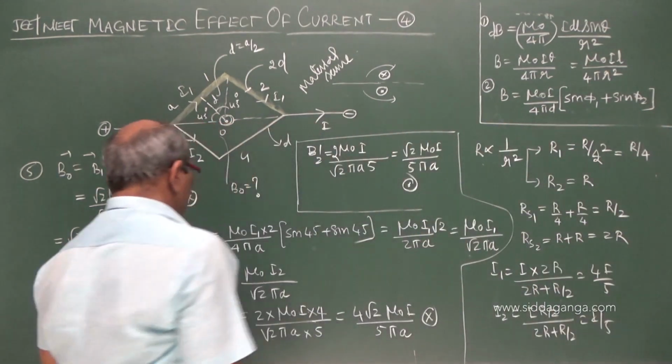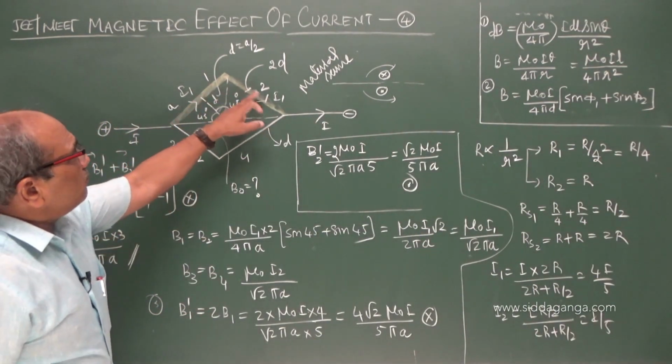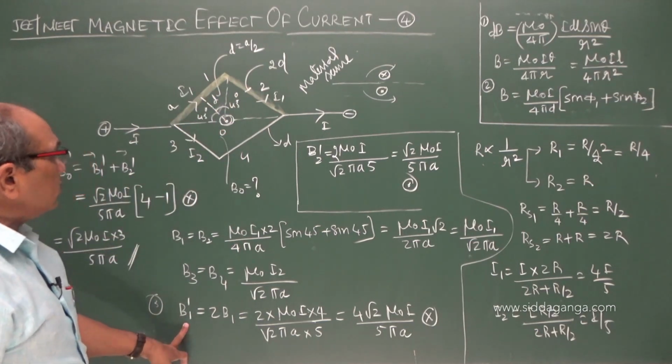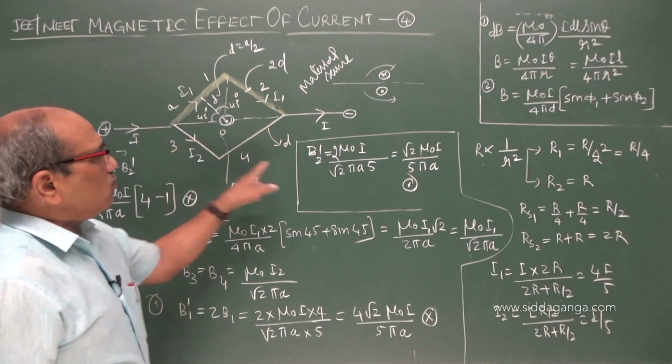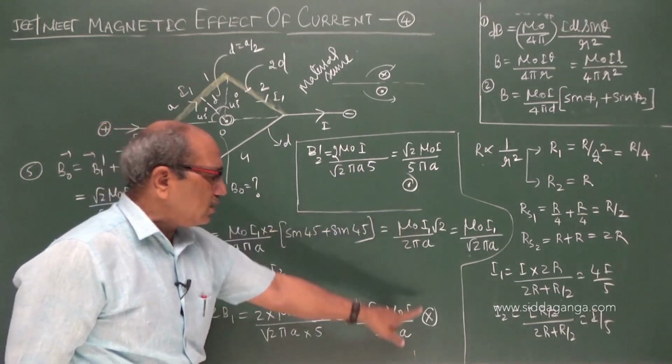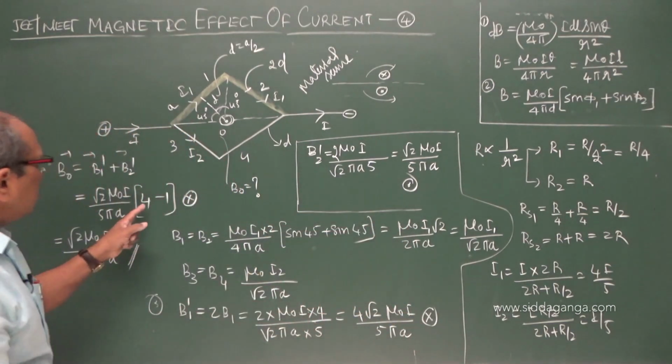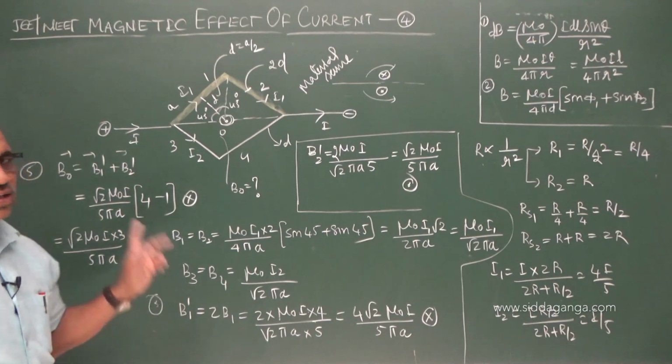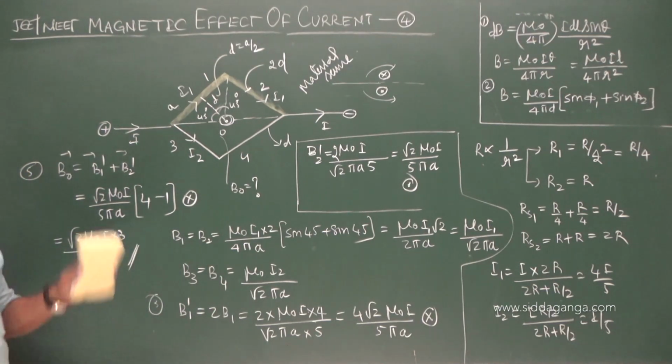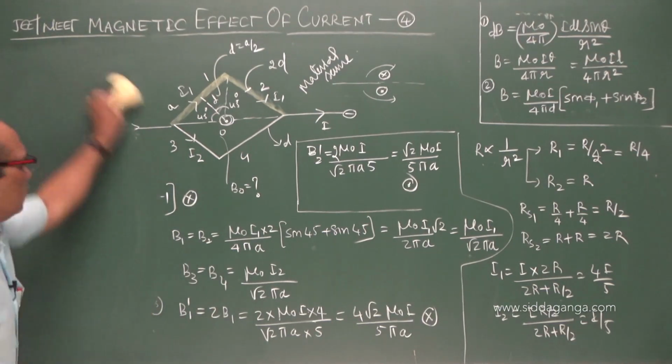Then we substituted to get the total magnetic field by the upper part, B1 dash. Similarly, the total current by the down part, B2 dash. It is outward, it is inward, therefore opposite in direction, subtracted and got the final answer. I hope you understood that. Let us come to the next one.